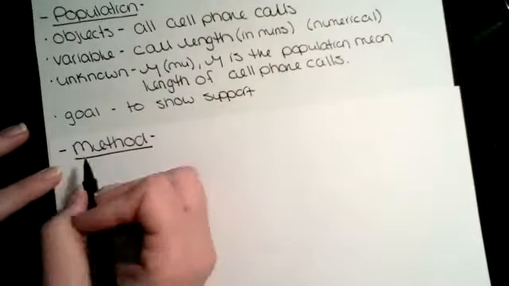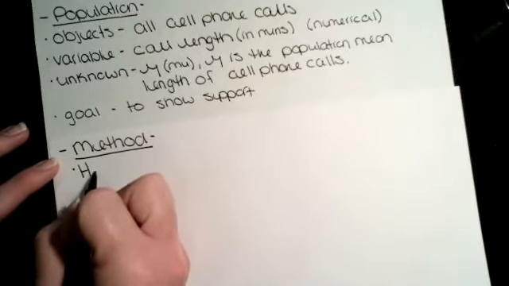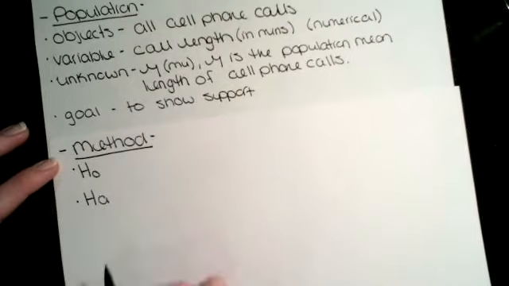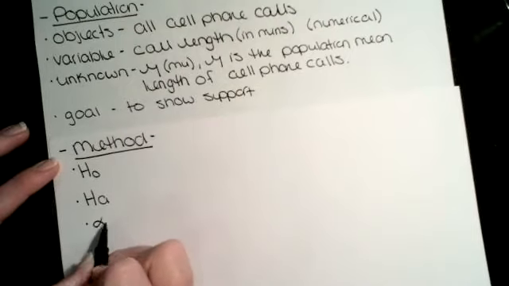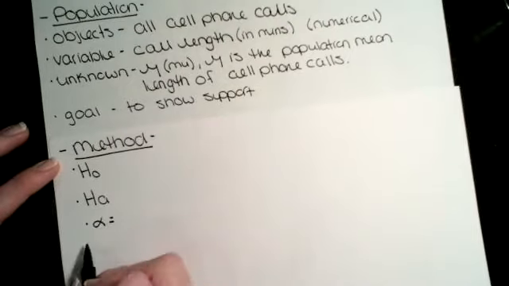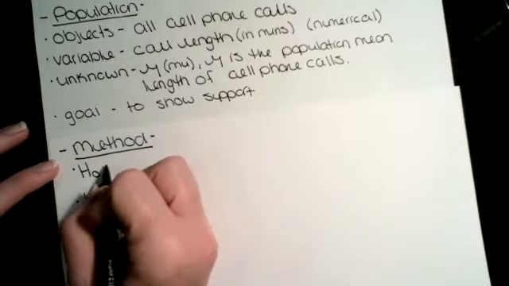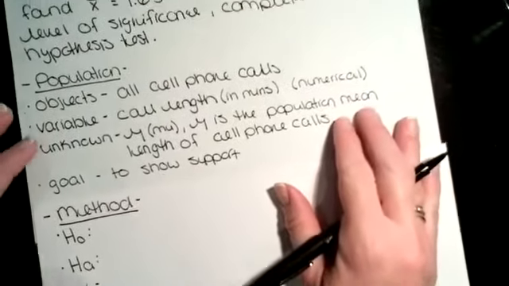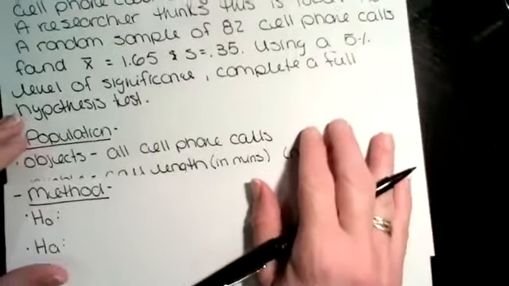My method step, I want to write down my null hypothesis, my alternative hypothesis. I want to write what alpha is equal to and what curve I'm on. So I always start with the alternative hypothesis. Remember, this is what the researcher wants to prove.